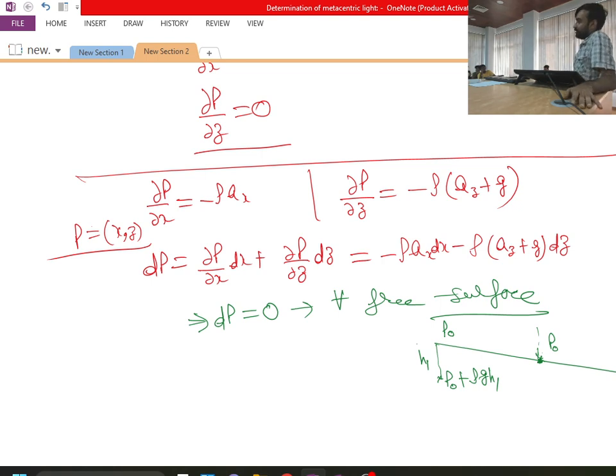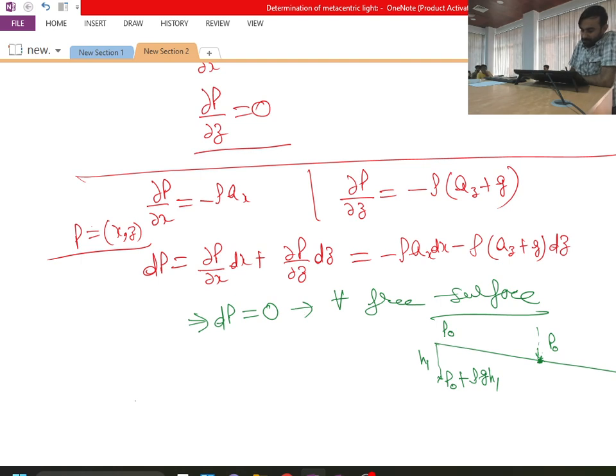Okay, point is clear. So everywhere pressure at the free surface is P naught, because above the free surface at every point we have air, for which rho gh is negligible. So for free surface dP is 0.